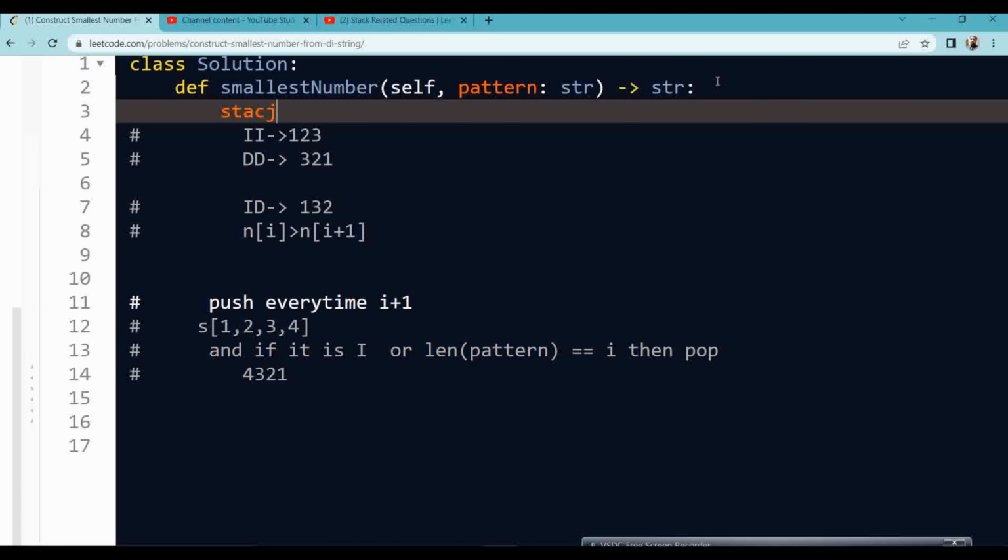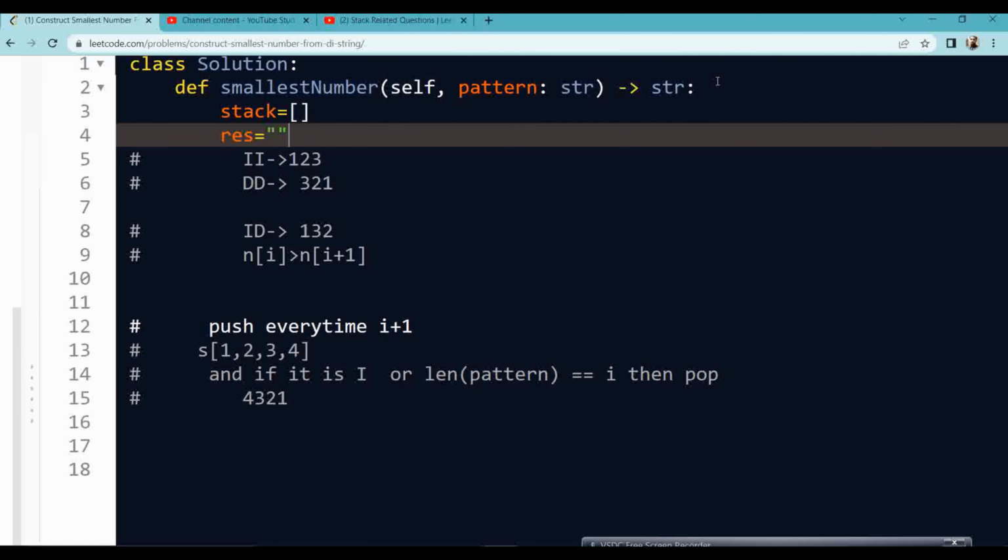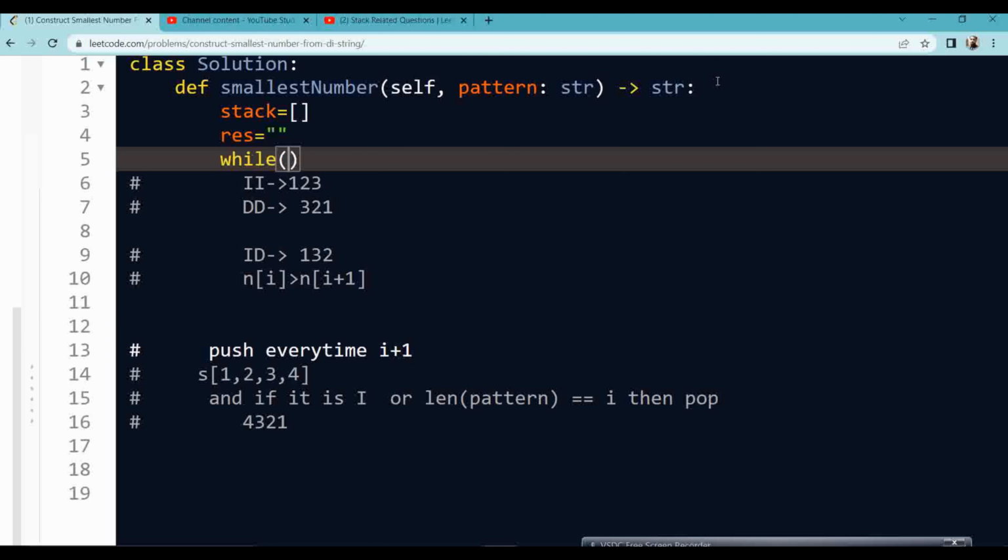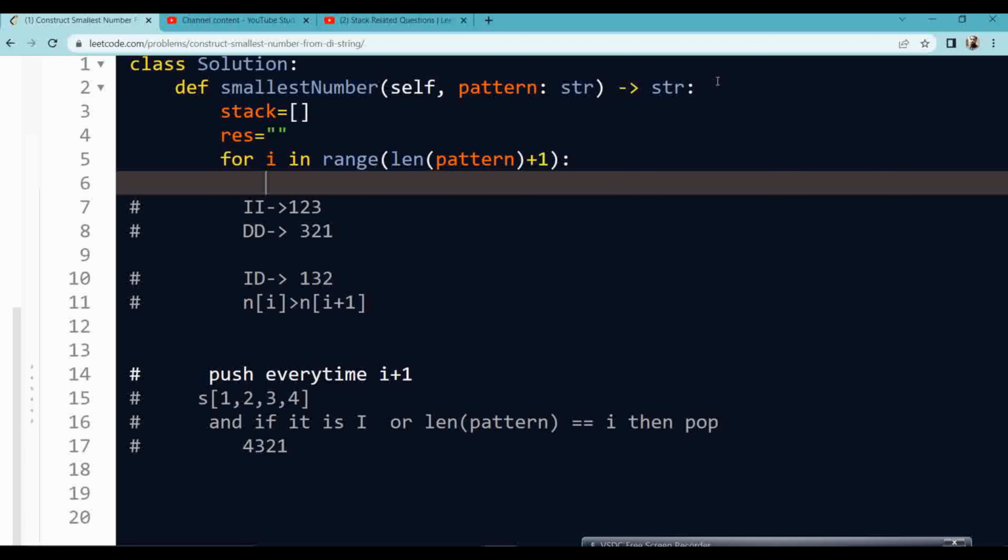So I will take a stack and a result. Now it will go for I in range length of pattern plus 1, because here I need to insert one more number. Every time I need to insert I plus 1.